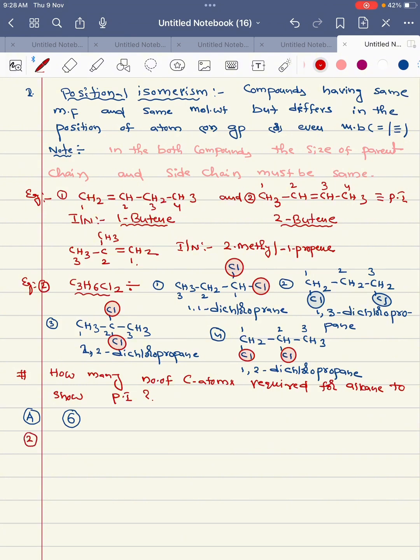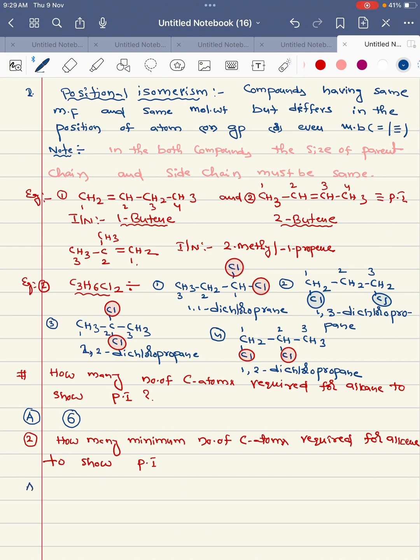Next question. What are they going to ask you? The question is, how many minimum carbon atoms are required for alkene to show positional isomerism?